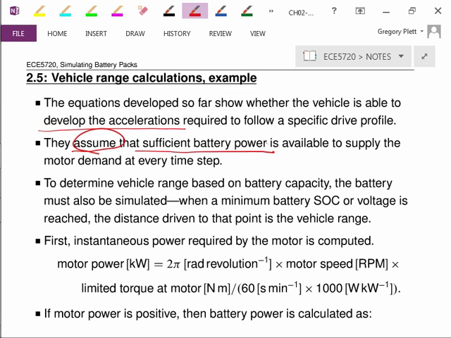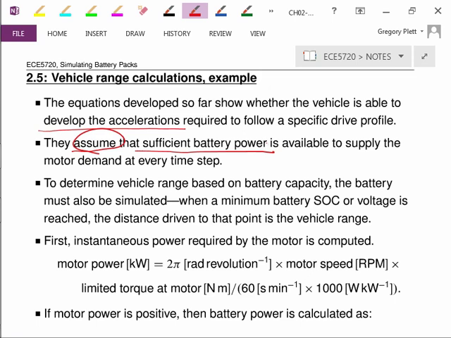What we are basically going to do is say that we start the battery at a full state of charge, and we drive until we achieve a minimum state of charge, and potentially you could also include a voltage limit. And when we reach that minimum state of charge or voltage, then however long we've driven distance-wise to that point is the vehicle range.